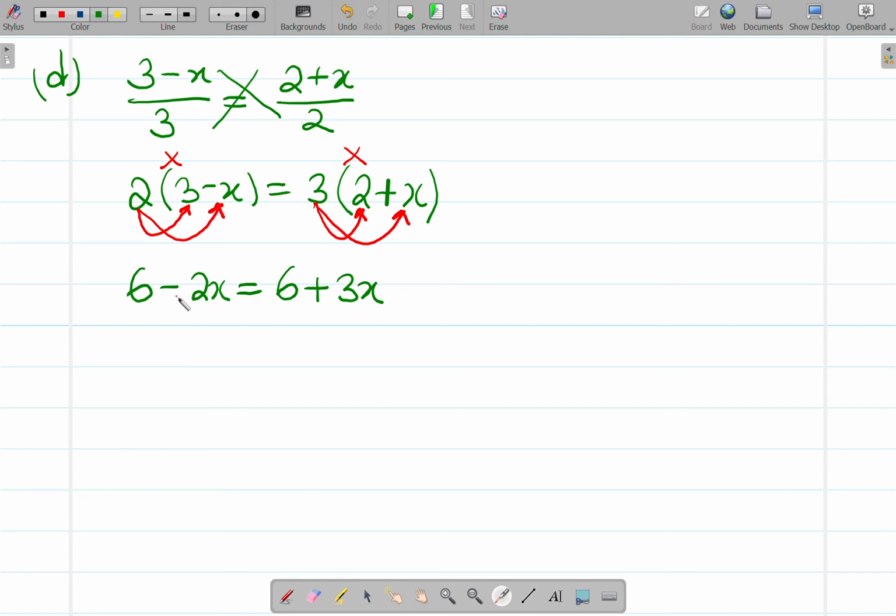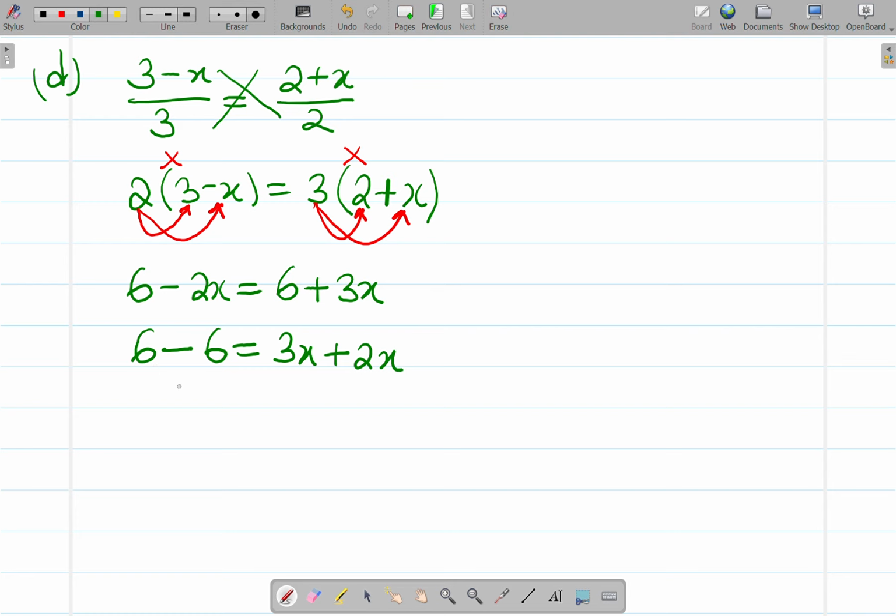This is negative 2x, so it will cross the equal sign and be a positive 2x. So at the end of the day we have 6 minus 6 is equal to 3x, and we now add the 2x there.